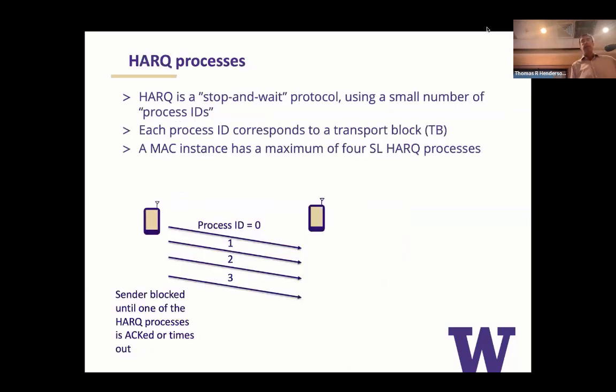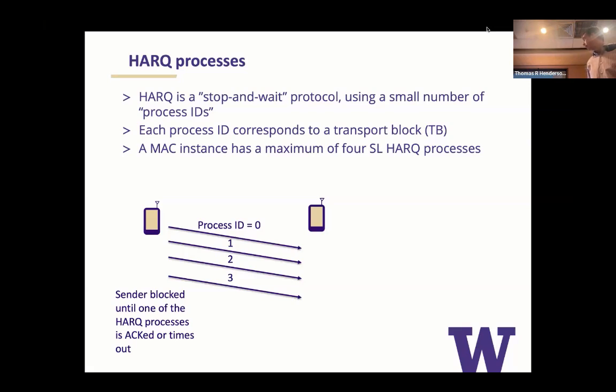The HARQ is a stop and wait protocol using what's called a process ID, and there's a small number of these. For uplink and downlink, I think you can have up to like 16 process IDs. For sidelink, the spec says that it's limited to 4 process IDs. And each process ID corresponds to a transport block. So in an example I showed earlier, you have this PDU to send from the RLC layer. It is mapped 1-to-1 for the transmission.